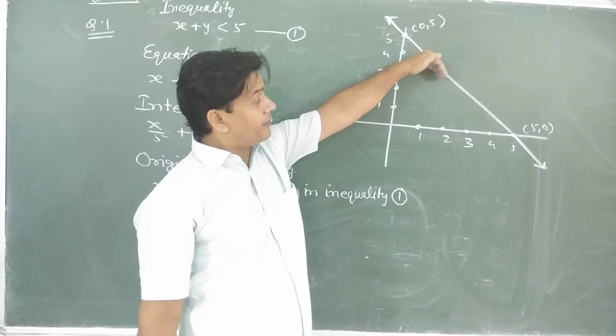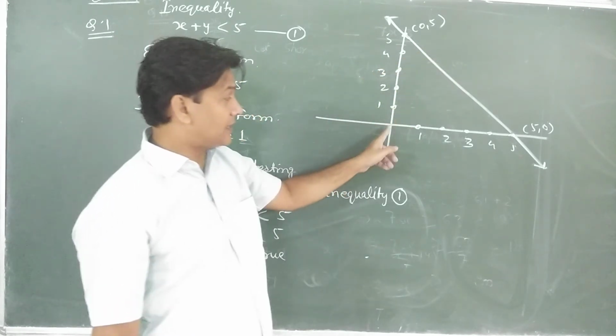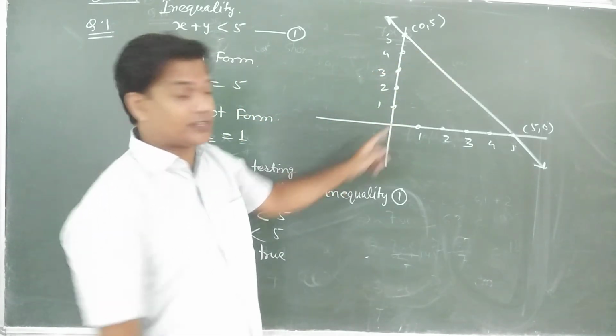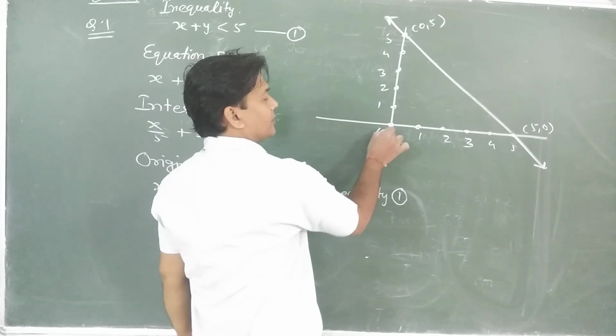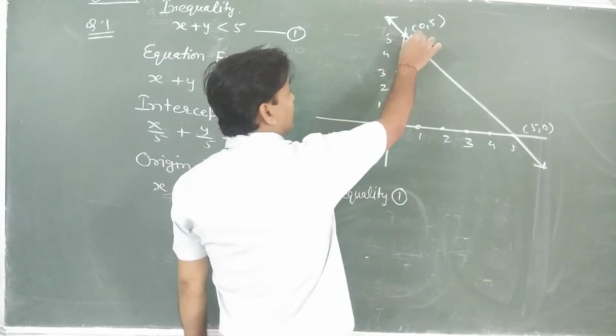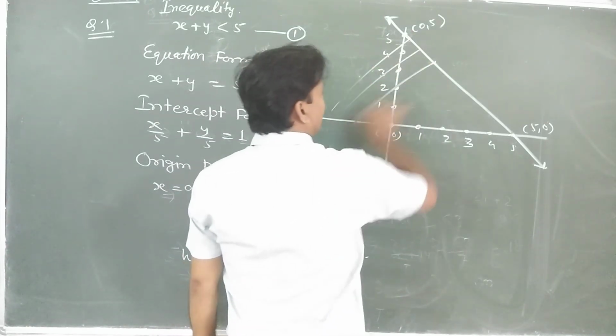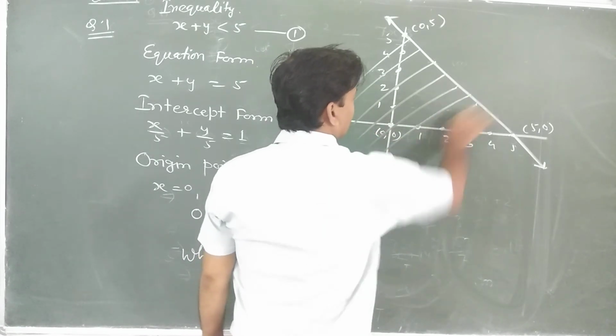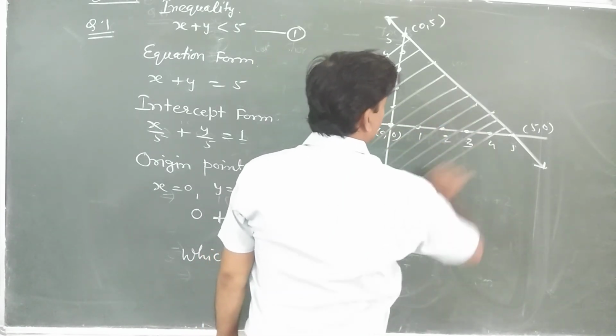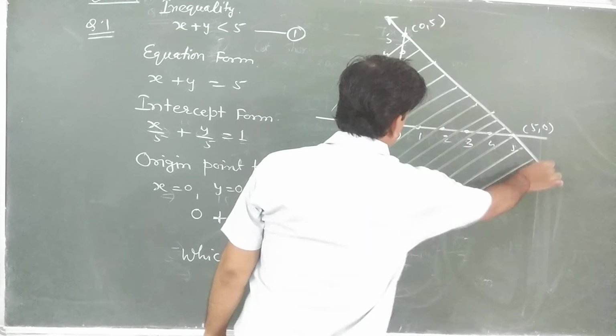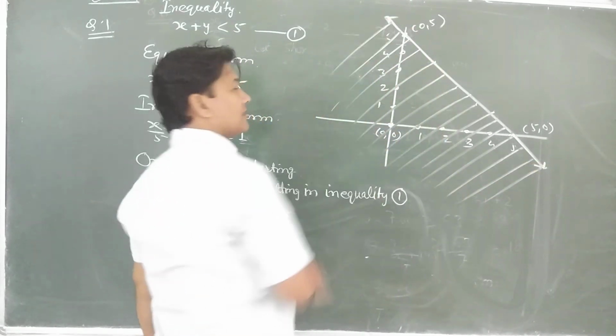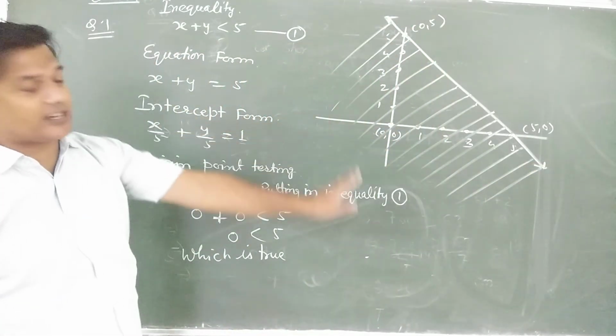So from this line, this is the direction of the origin point. This is our origin point 0, 0. So the solution region is in the direction of the origin point. So set it this region like this. This is our solution region.